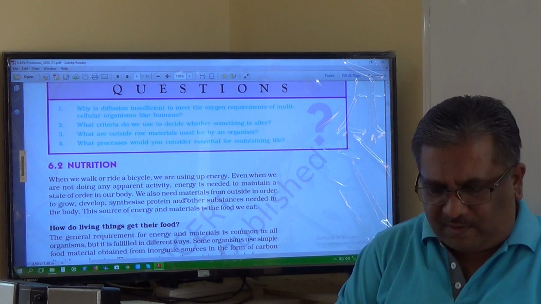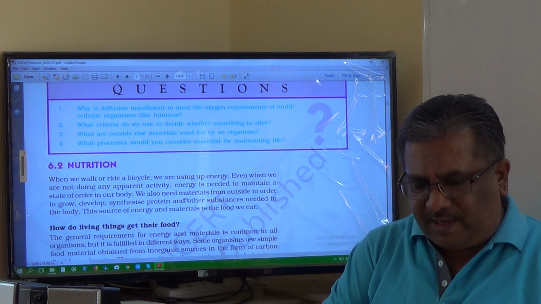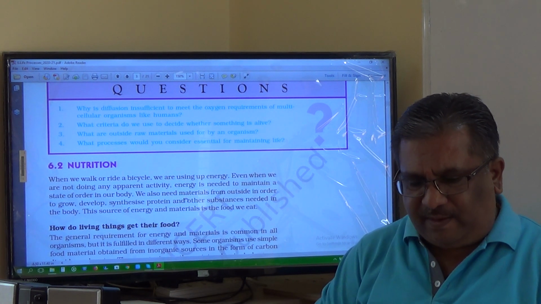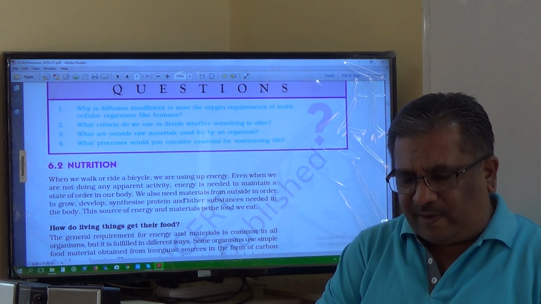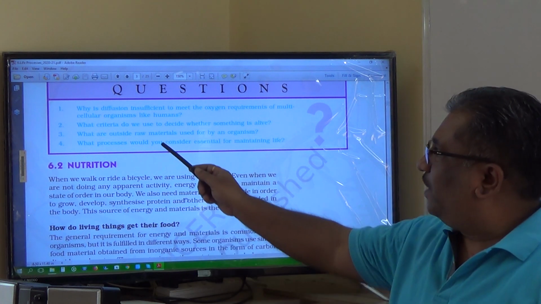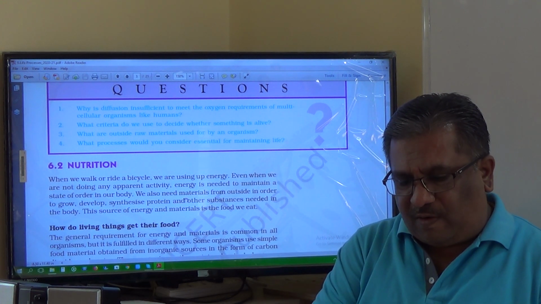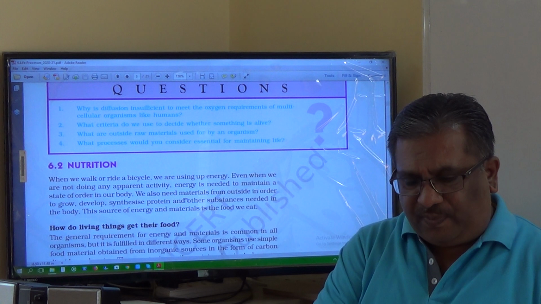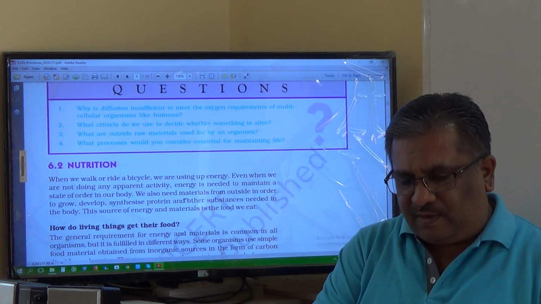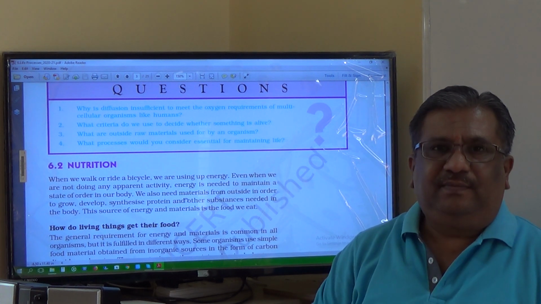Let me check question number 3. Raw materials used by an organism are: food, water, oxygen in case of animal; carbon dioxide, water, oxygen for plant. Is it right?